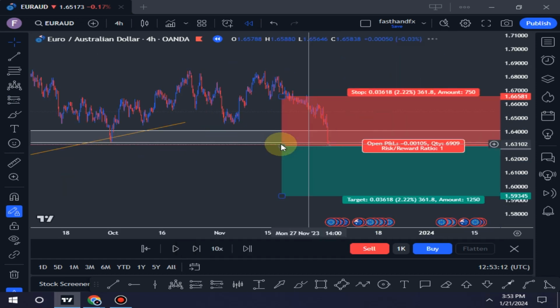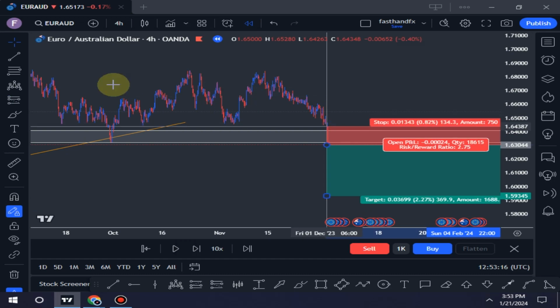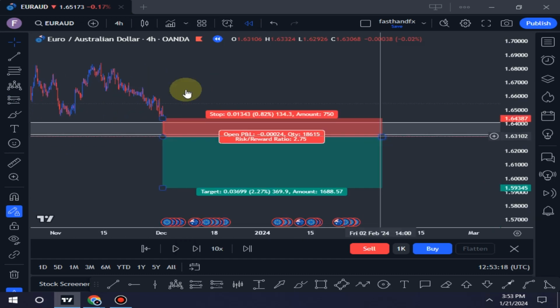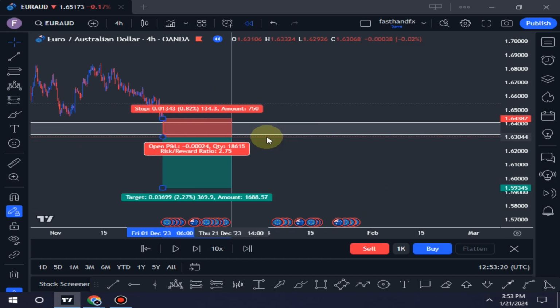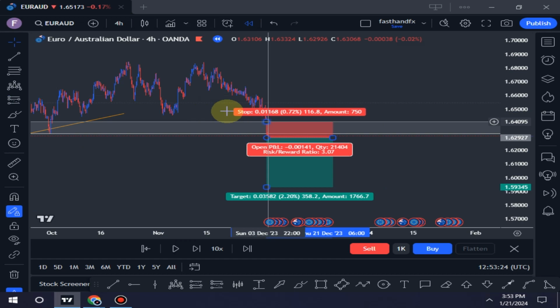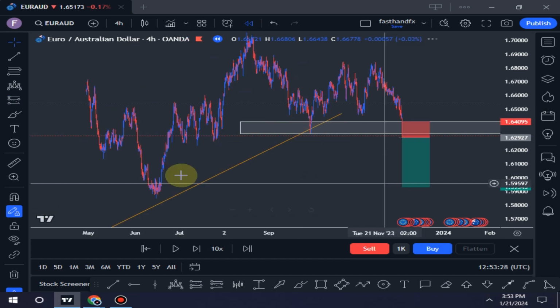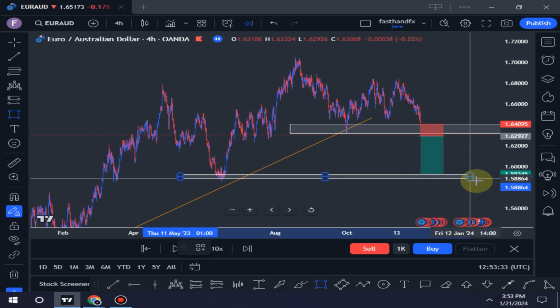Okay, so this is a mistake. Okay, price has broken, so let's just take our sell position, because the last low has been taken out. So maybe our stop loss has to be above that level. Okay, but in real sense it's a mistake.